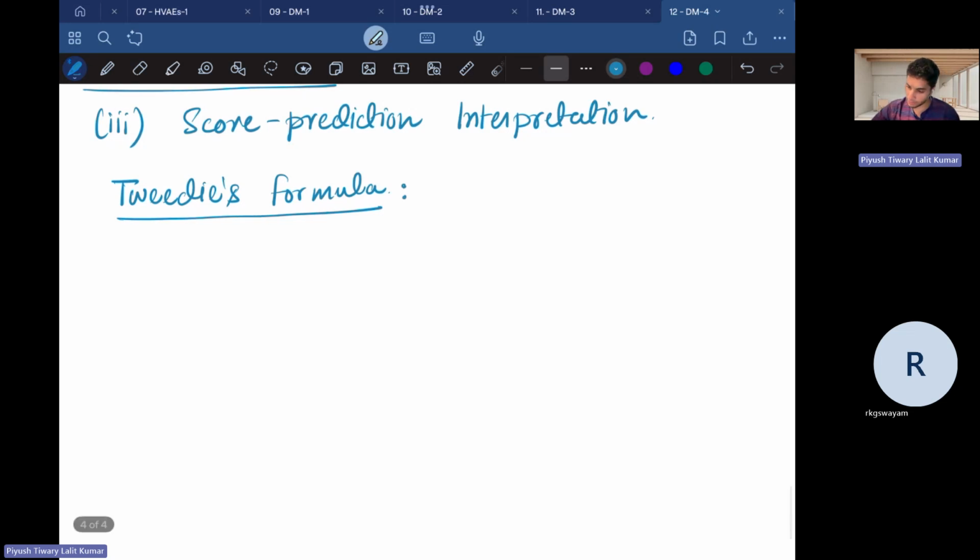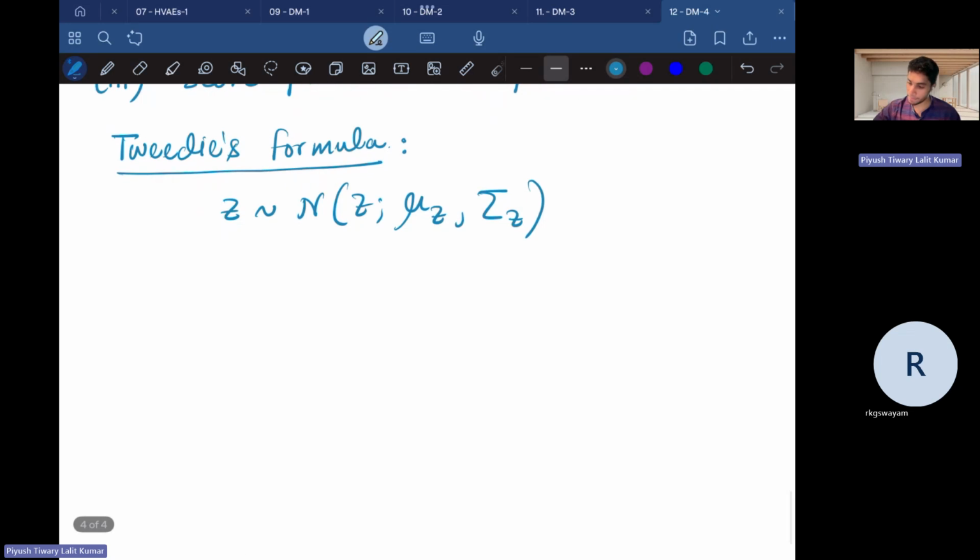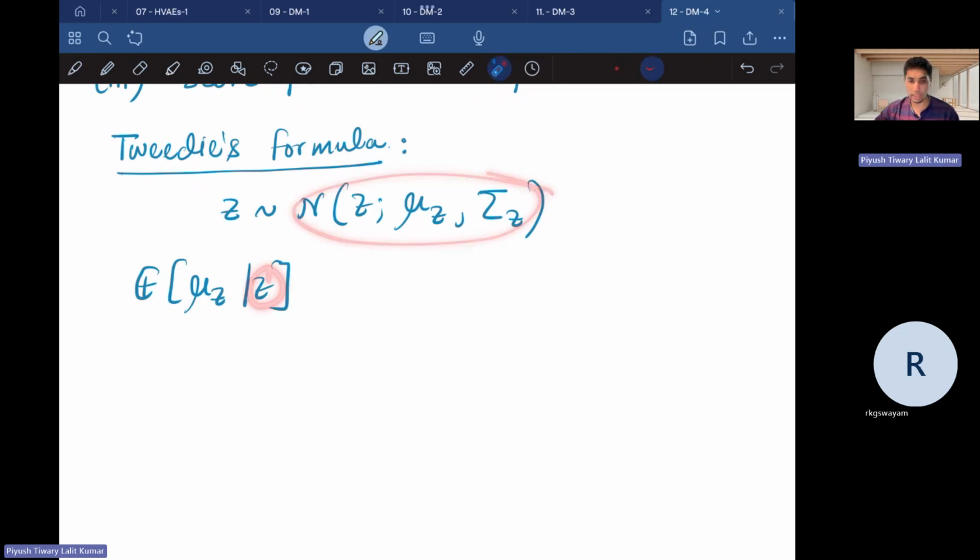Let's say that you have a Gaussian random variable z coming from a Gaussian distribution with some mean mu z and some variance sigma z. Then Tweedie's formula states the expected value of mu z given z. Let's say you have one observation from this distribution. You sampled something, z.